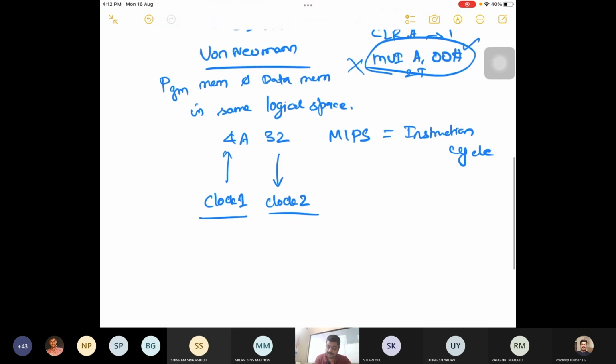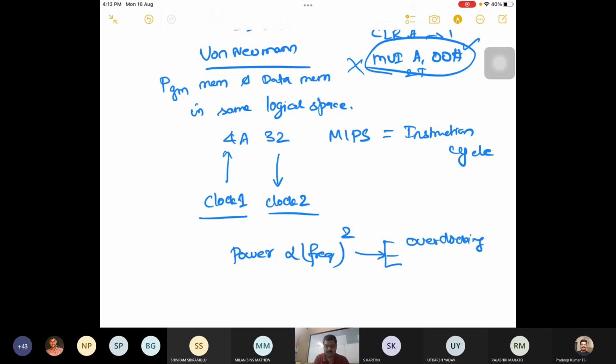Okay. Now, as per our formula, power is directly proportional to frequency square. That means if your frequency is high, your power also will be high. That's why in desktop computing, if you are a gamer, you might know about overclocking.